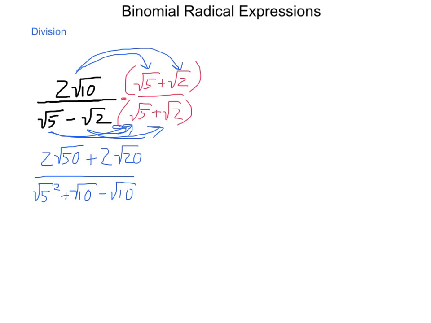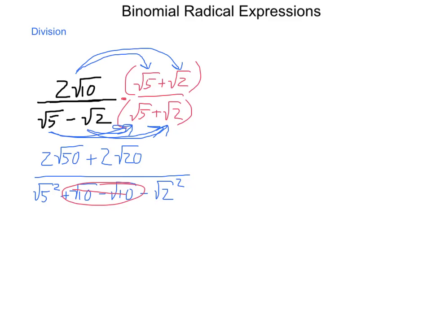And negative square root of 2 times square root of 2 is minus the square root of 2 squared. Now, simplifying this expression, in our denominator, we have a positive square root of 10, negative square root of 10, which when put together will simplify to a 0.